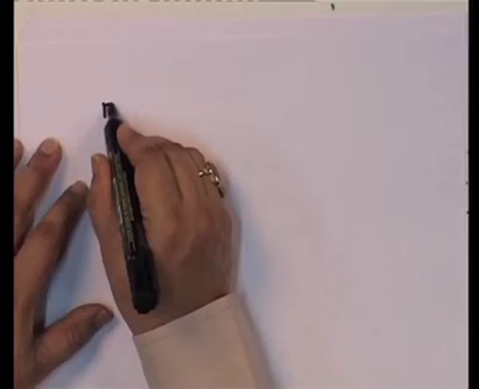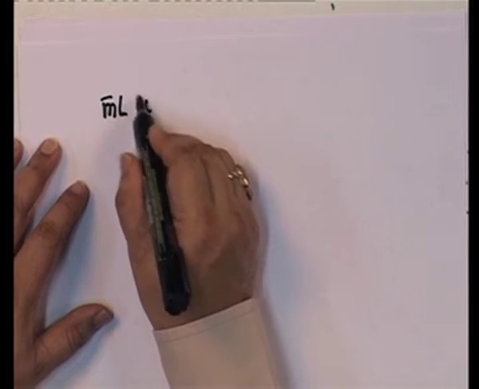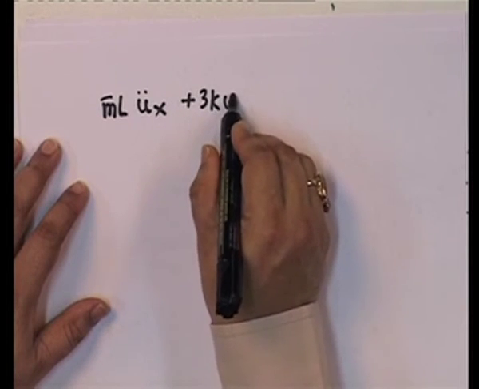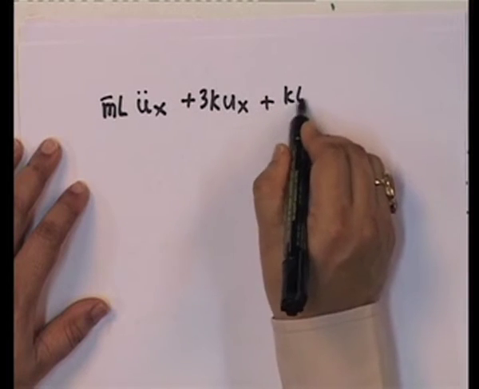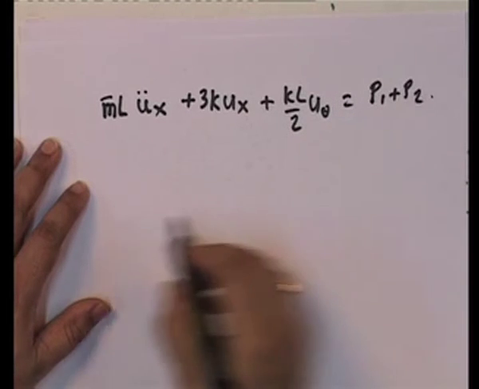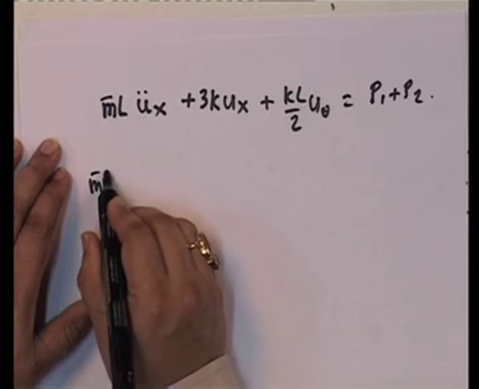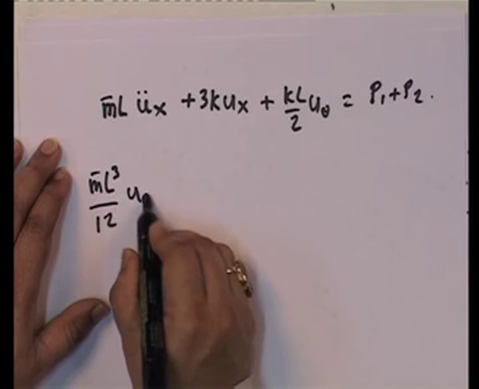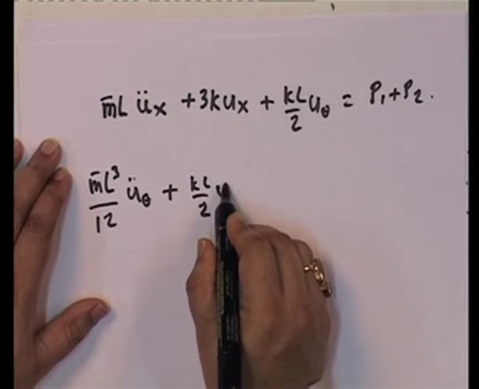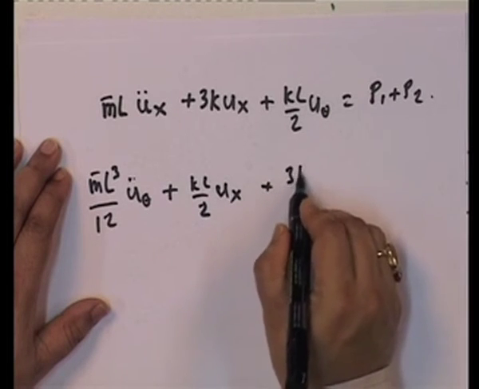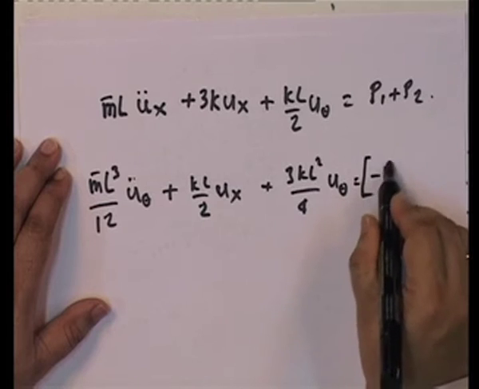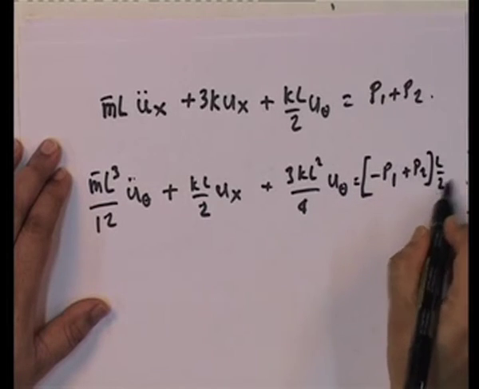I get m bar L ux plus kL by 2 uθ is equal to P1 plus P2, and the other one is m bar L cubed by 12 uθ plus kL by 2 ux plus 3kL squared upon 4 uθ, and minus (P1 plus P2) into L by 2.